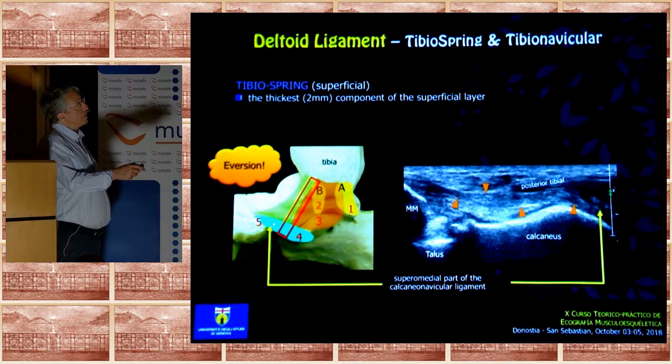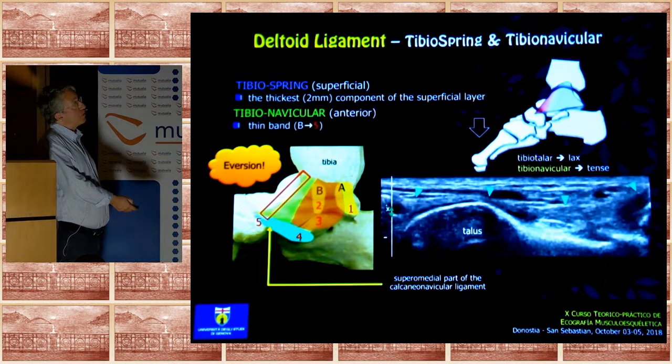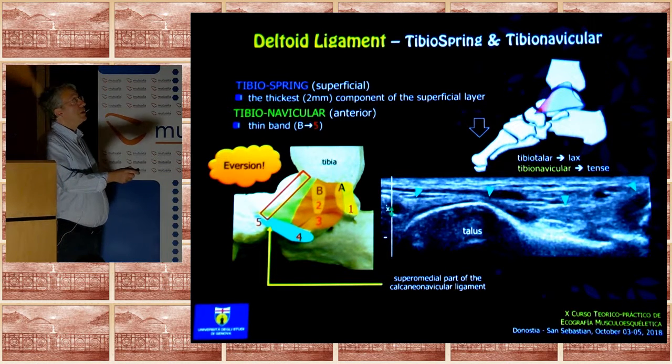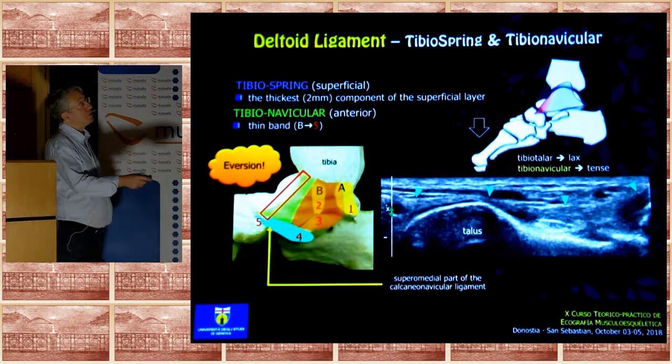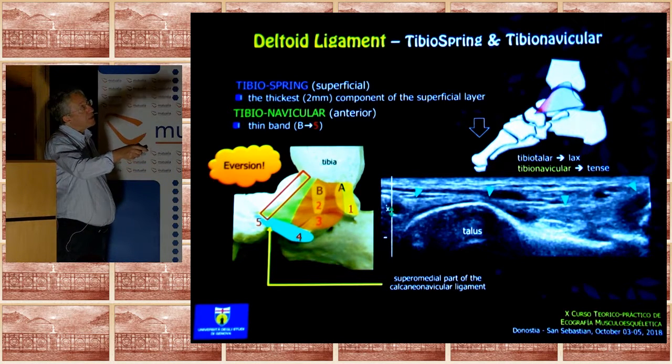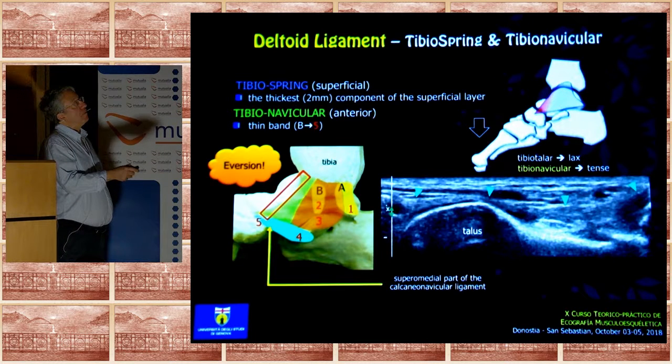So this is the spring, this is the position of the tibiospring, and finally the tibionavicular. Eversion is very important to image the most anterior part of the deltoid, and plantar flexion may also create some tension in the ligament. The last ligament, the tibionavicular, is not visible in every case.